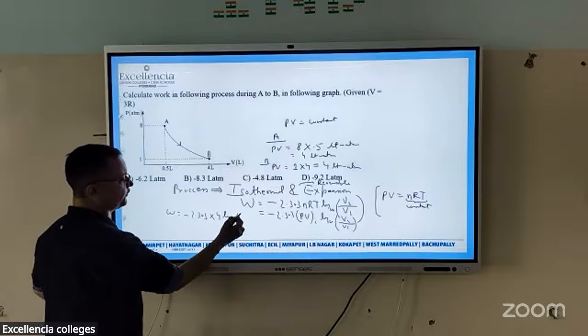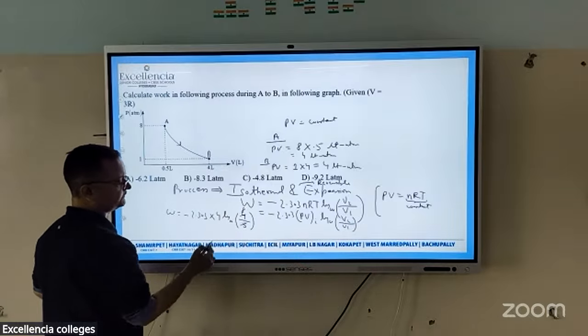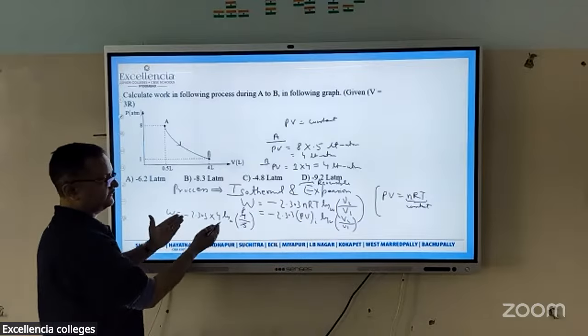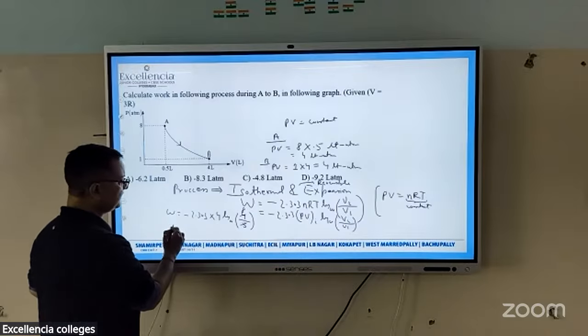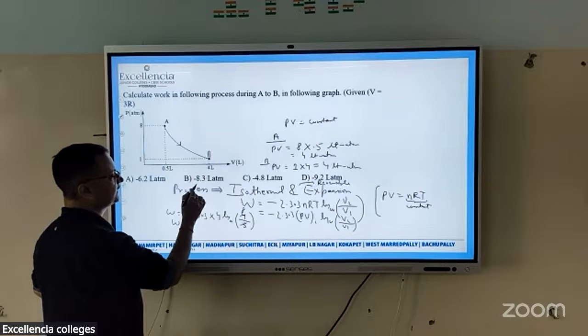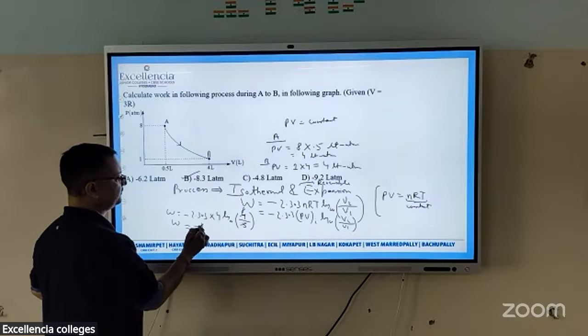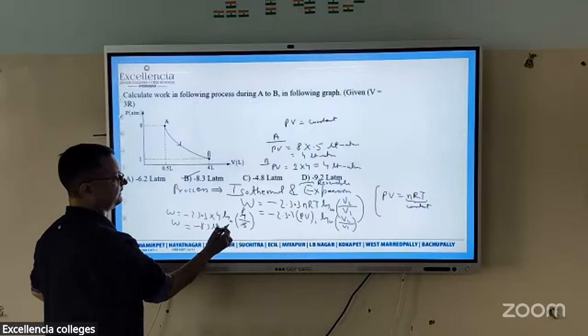What is the final volume? 4. And the initial volume is 0.5. So it comes to log 8, and log 8 is log 2 cube, which is 3 log 2. When we solve it, the answer comes to be 8.3 liter atm.